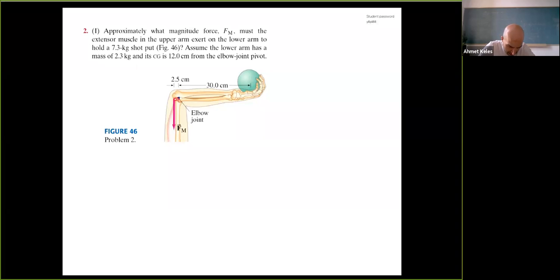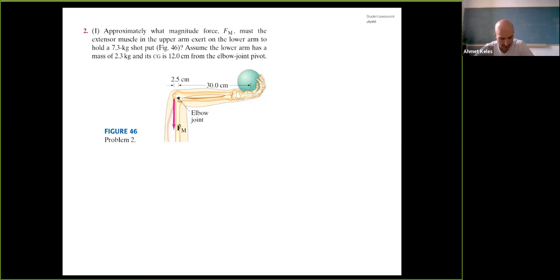The muscle is connected to this little region, the center of gravity of the arm is somewhere over here, 12 centimeters, and there's this spherical shot put in the hand, and we want to calculate this F sub m.